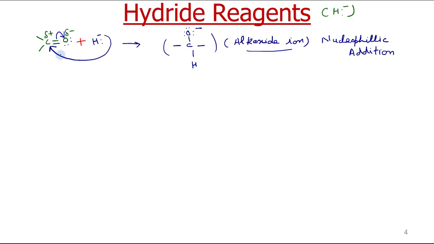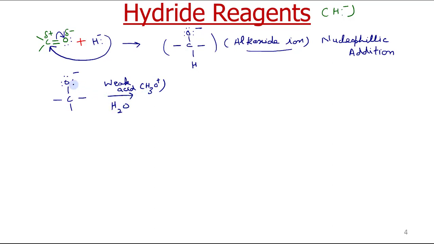So the next step is this alkoxide ion which is formed, CO negative. This reacts either with a weak acid, which we will represent as H3O positive, or it can also react with water.